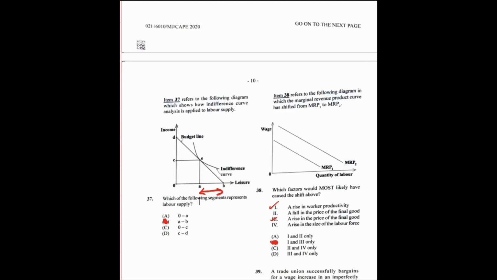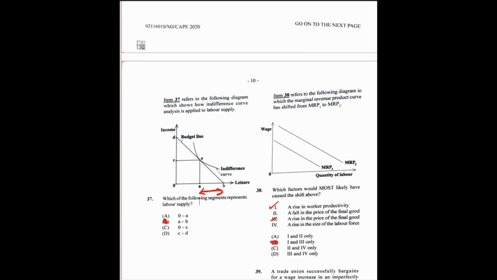So remember, with the MRP curve, we are talking about derived demand, and in this case, the derived demand for labor. If the overall productivity of the workers increases, firms would demand more workers because they would be able to produce more, and with producing more, they'll be able to earn more.